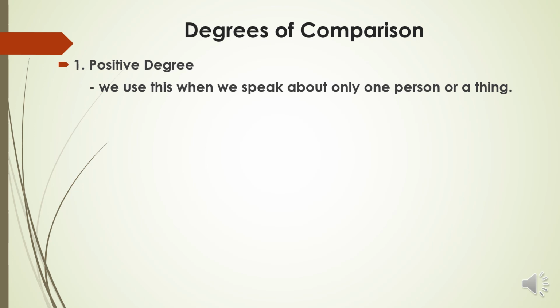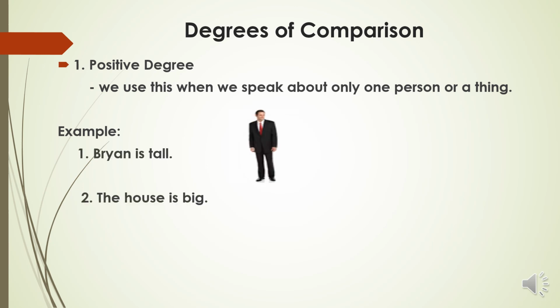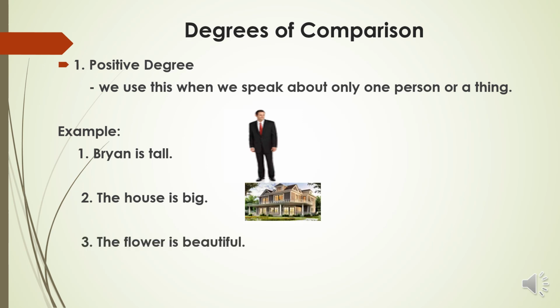Positive degree. We use this when we speak about only one person or a thing. We do not compare anything. For example, Brian is tall. The house is big. The flower is beautiful.